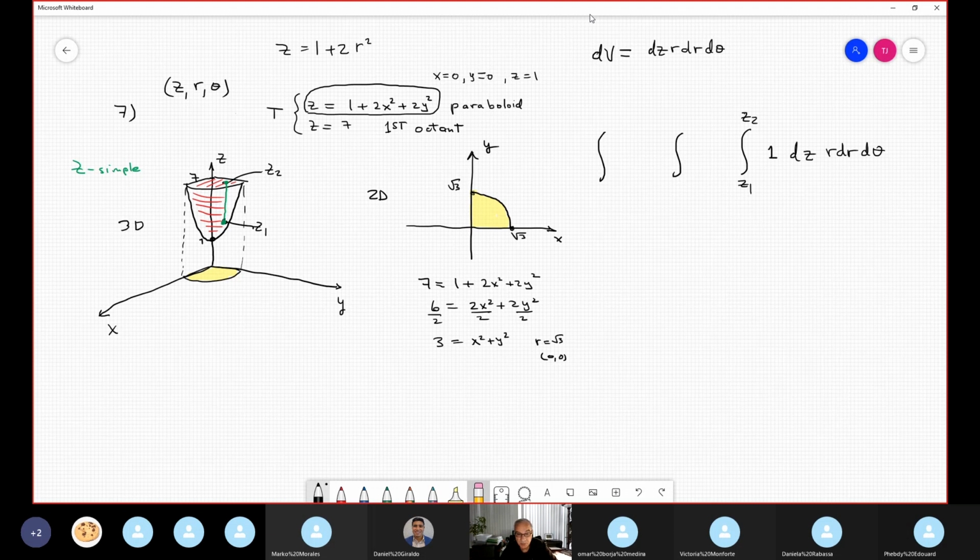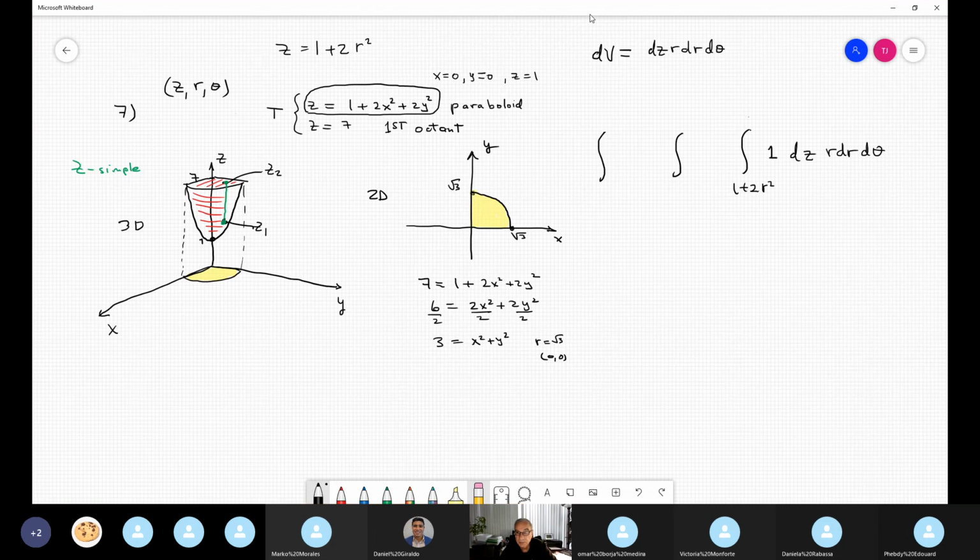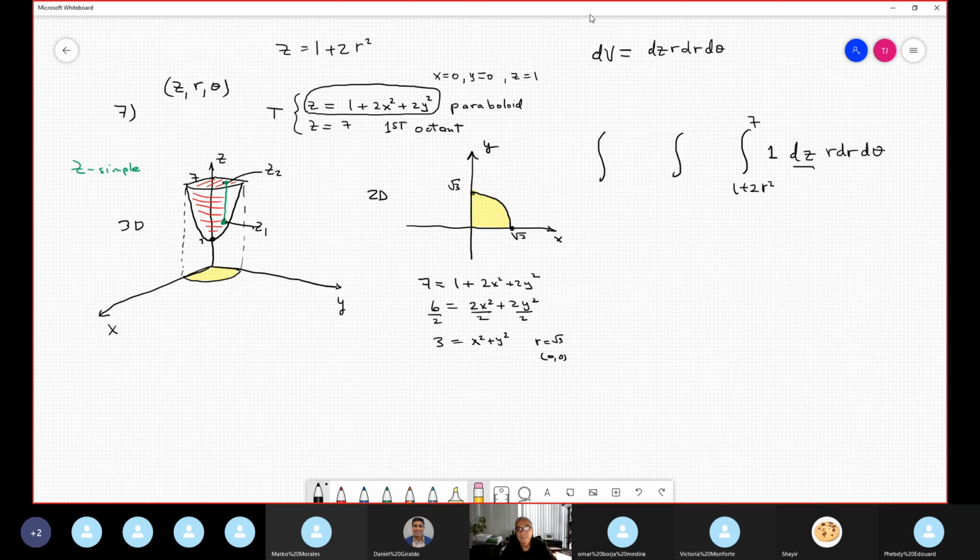So z1 is 1 plus 2r squared. The z integral goes from the paraboloid, 1 plus 2r squared, to 7. This is the first integral, the z integral.